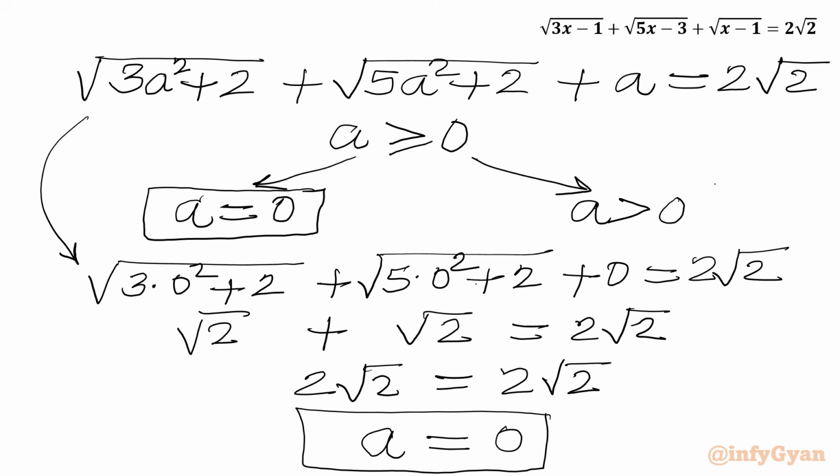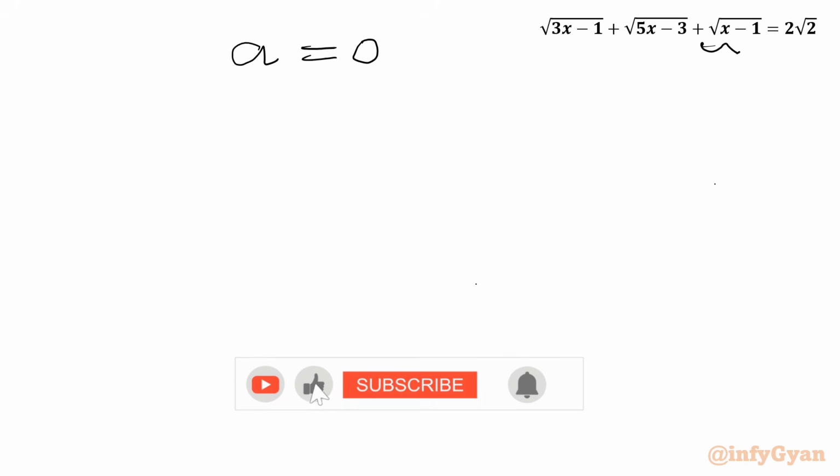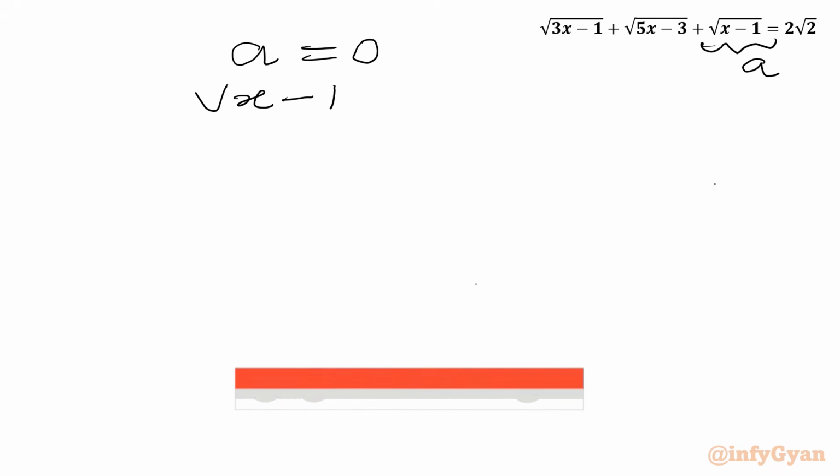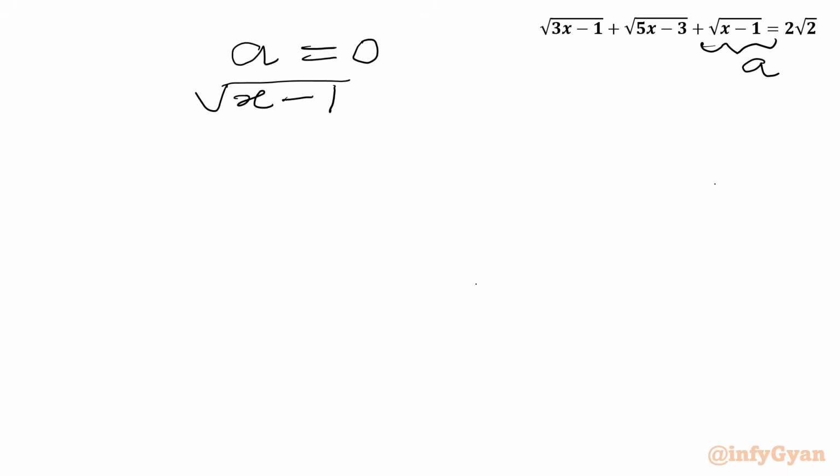a was our substitution, square root x minus 1. This was equal to a. So if a equal to 0, in this place we can write square root x minus 1 equal to 0.